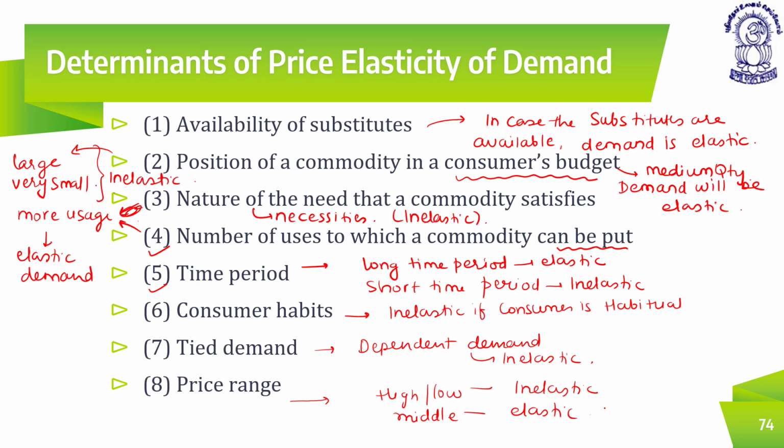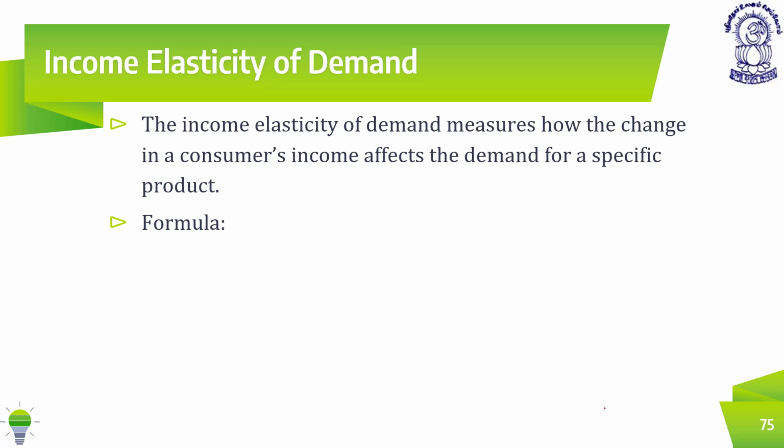I believe you must have understood till over here. Let's see income elasticity of demand. Basically, the income elasticity of demand measures how the changes in the consumer's income affect a specific demand.